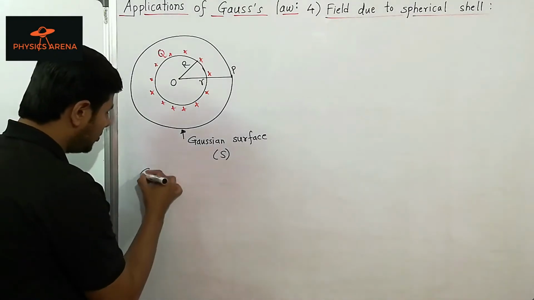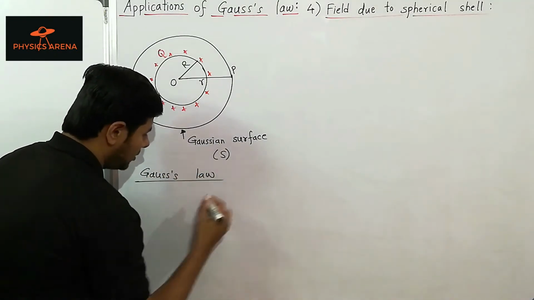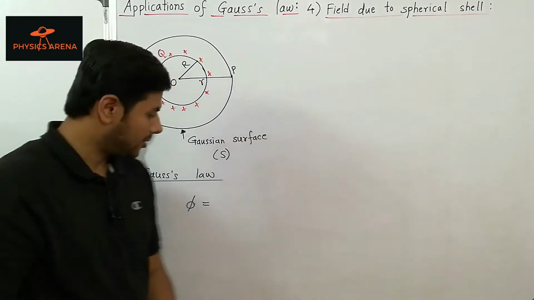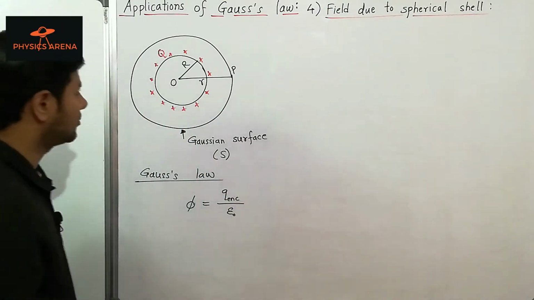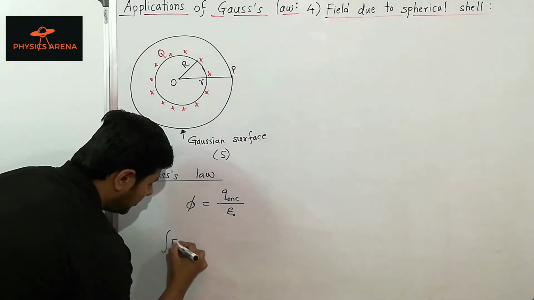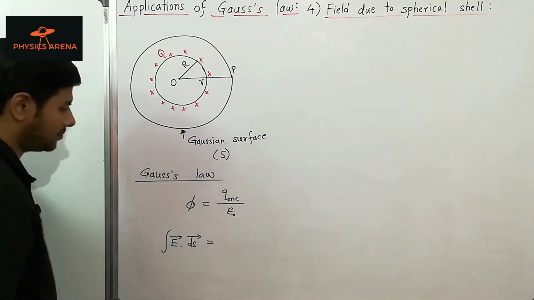Now we know the Gauss law. The flux through any closed surface is equal to charge enclosed divided by epsilon naught, and flux is equal to integral of E bar dot ds bar.